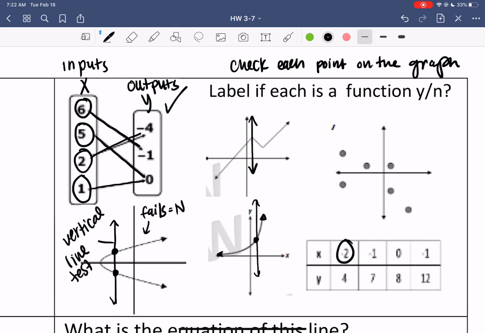So again, here are our x values and our y values. That's a -1, and that's also a -1. So we want to consider each of those. With my vertical line test here, I'm going to make sure I try it all the way across to see if it's a function or not.